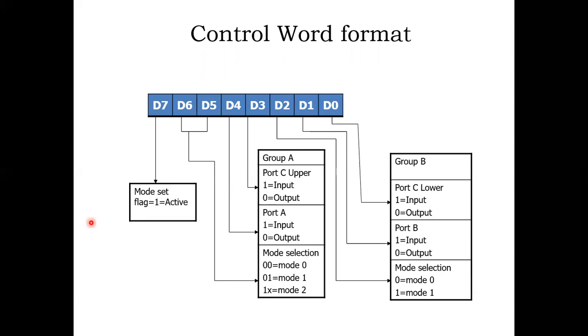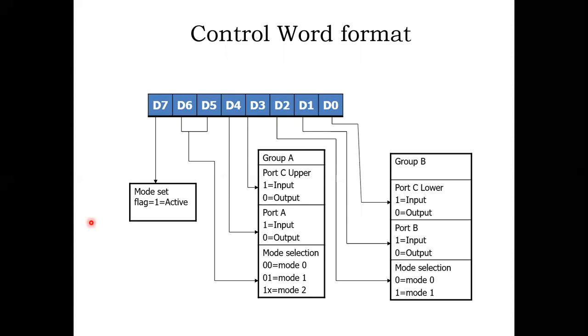First, D0, D1 and D2 represent the group B control, that is port C lower. If D0 is equal to 1, port C lower is input; if 0, port C lower is output. Similarly, D1 represents port B: 1 means port B is input, 0 means port B is output.